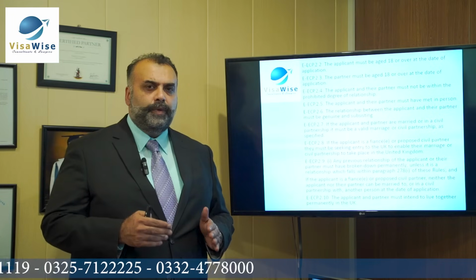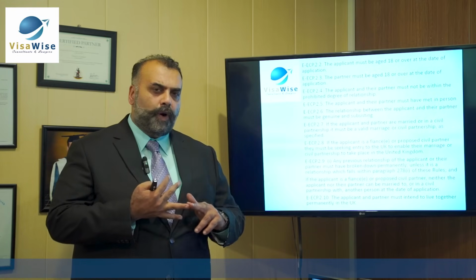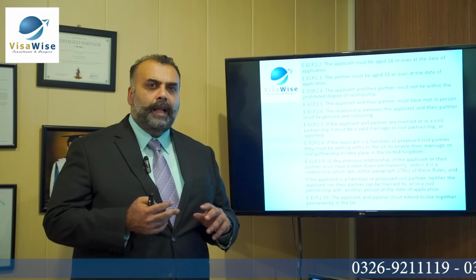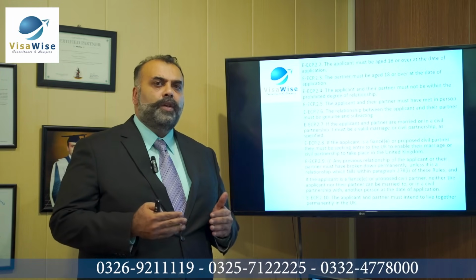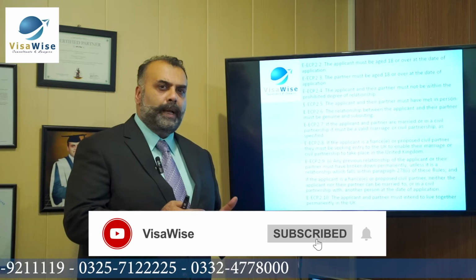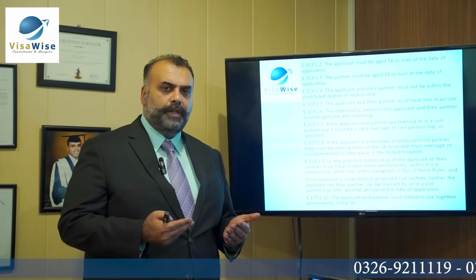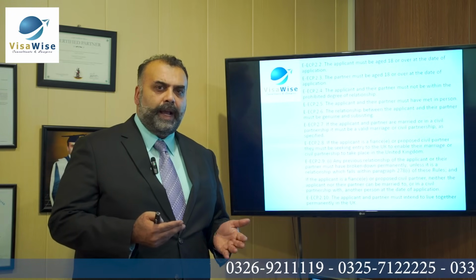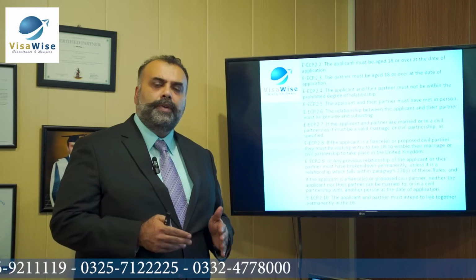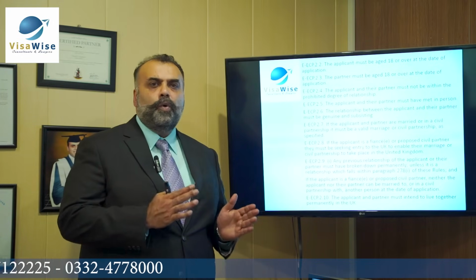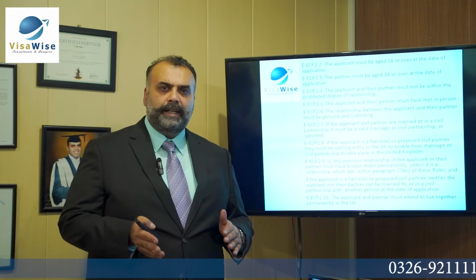Primarily, if you enter the UK as a fiancé, and you meet the relationship requirement, the financial requirements, the English language requirement, then once you are in the UK and you register your marriage in the UK within 6 months, you will be able to switch into a spouse visa application without having to leave the UK, and you can make an application for further leave to remain in the UK, as compared to a simple marriage visit visa application where you're required to come into the UK, register your marriage, go back to your country of residence or nationality, and submit a fresh application for entry clearance as a spouse.